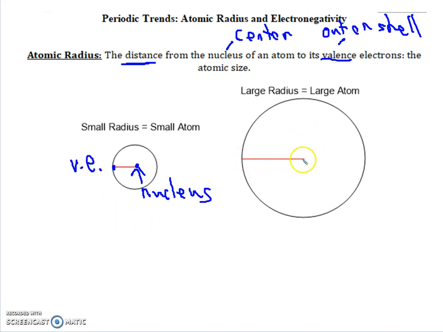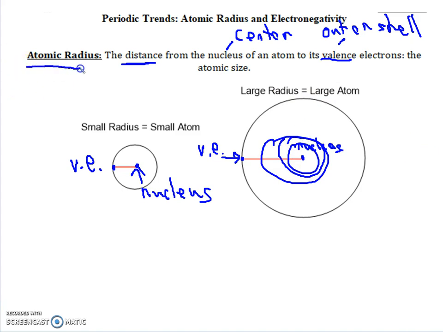And then here we've probably got a nucleus, and we've probably got a lot more shells underneath here. But remember, this one is just the last shell. This is just the valence electron. And so the radius here is longer. This is a larger atom. We would say its atomic radius is larger. So that's the definition for atomic radius.